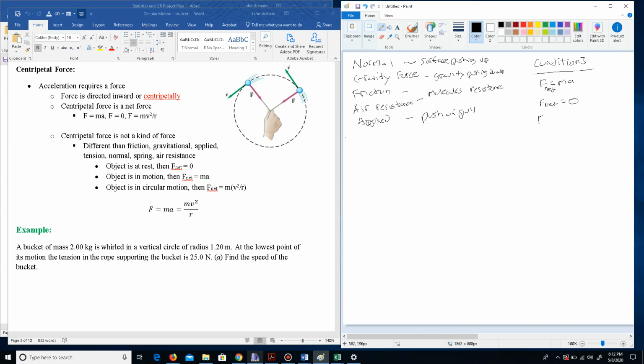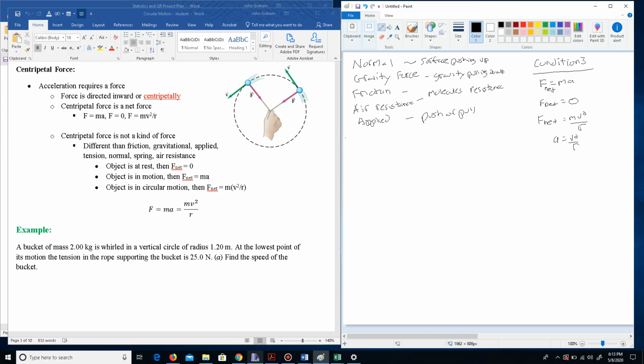And then this is the third condition: mv squared over r, where a is v squared over r. So these forces have to provide that condition for this to happen. In this case, this is applied force by this person swinging the string, pulling this ball inwards, causing it to go around. So centripetal force isn't one of these forces, but it's one of these conditions.